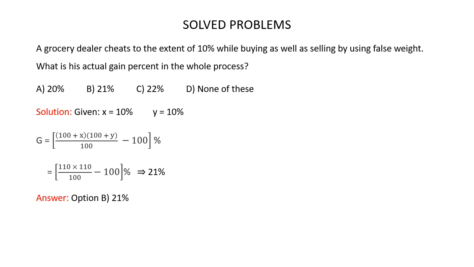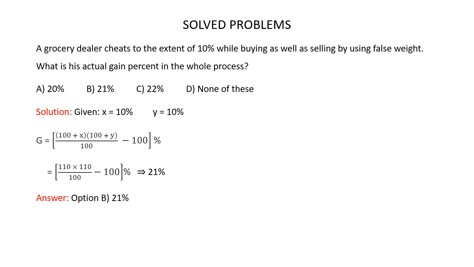Here G is the overall gain percentage. X is the percent by which the shopkeeper is cheating while buying. Y is the percent the shopkeeper is cheating while selling.